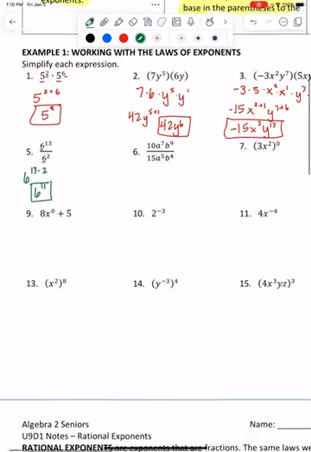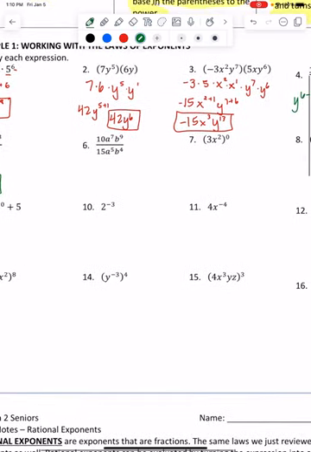Okay? We got that. Now, number 6, 10a to the 7th, b to the 9th, divided by 15a to the 5th, b to the 4th. So with these coefficients out front, we're going to divide those, right? And then we have a to the 7th, a to the 5th. So we're going to go a to the 7 minus 5, because those a's are being divided.